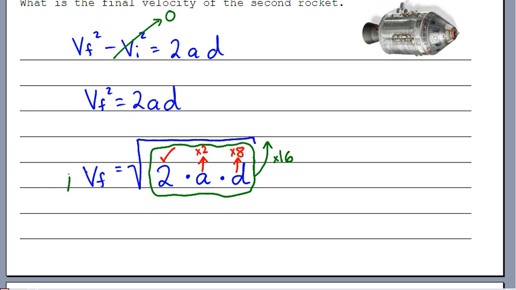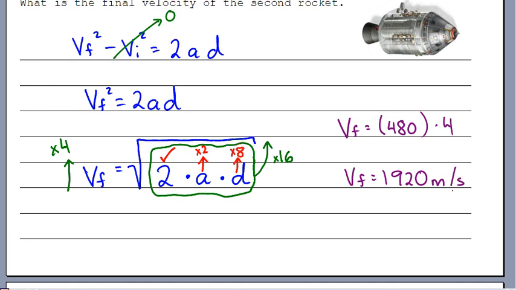So it looks like that left-hand side also has to grow by 4. This goes pretty easy. You want to know the final velocity for rocket number 2? Just take your first velocity, 480, and multiply it by that 4, by that root of 16. We're done. Final velocity is 1,920 meters per second.